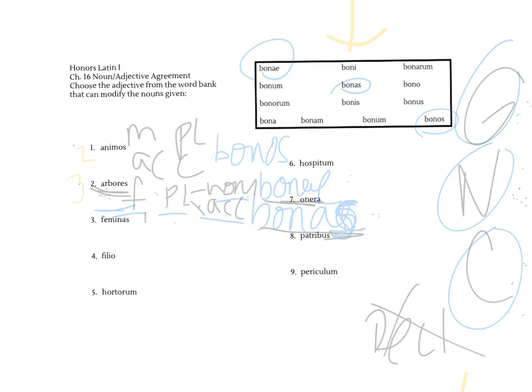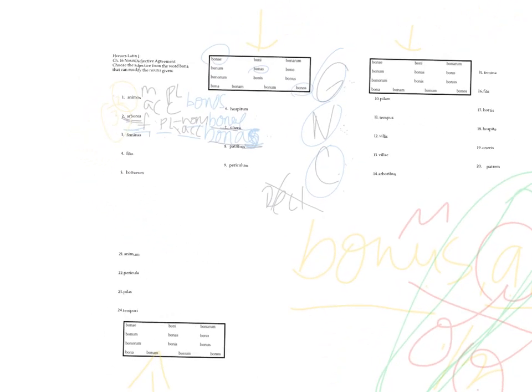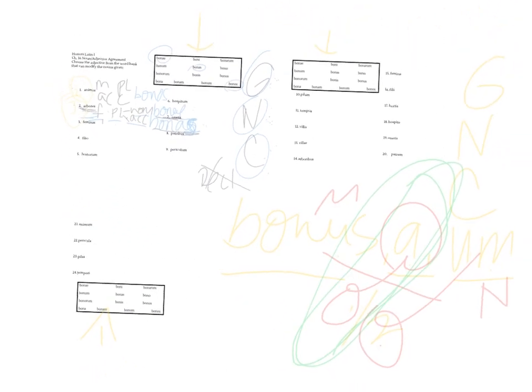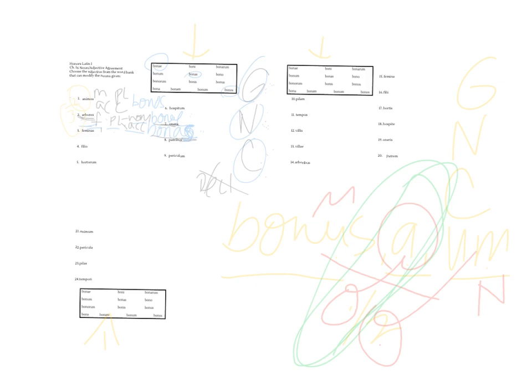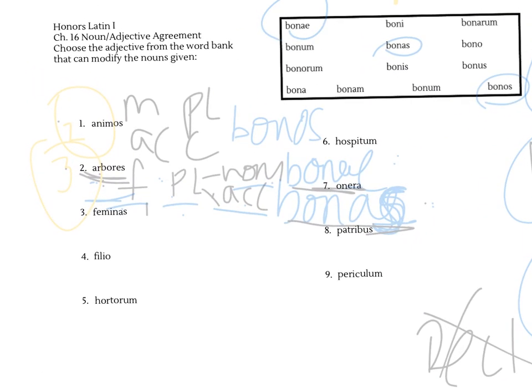So here's the point. Sometimes you're going to have a situation like number 1 where your endings match up. Sometimes you're going to have a situation like number 2 where they don't match up. It's all about knowing what you're dealing with initially with the adjective, which is why figuring out declensions of adjectives is so important, and then comparing that to the declension number of your noun.